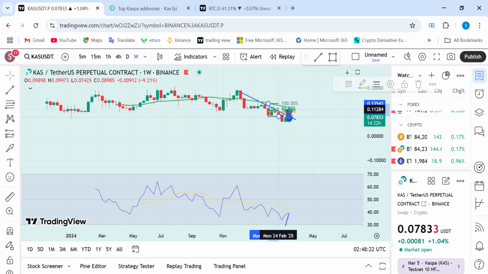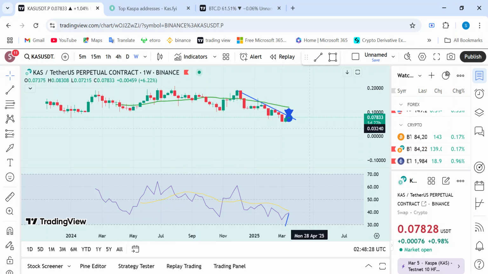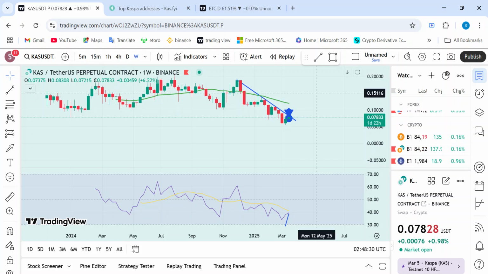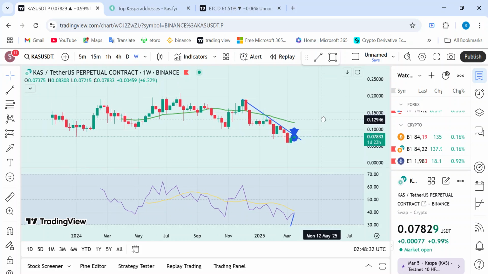If you look at the distribution pattern, how long it went on, this is a weekly chart. It went on for a long, long time, even though other altcoins and Bitcoin were moving.